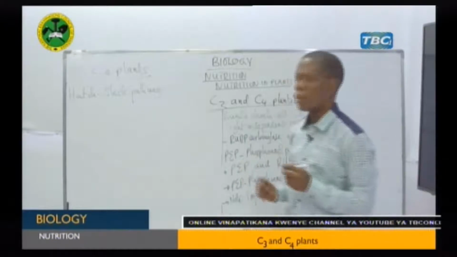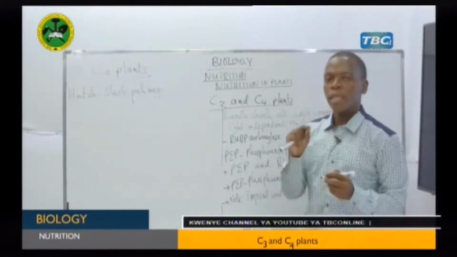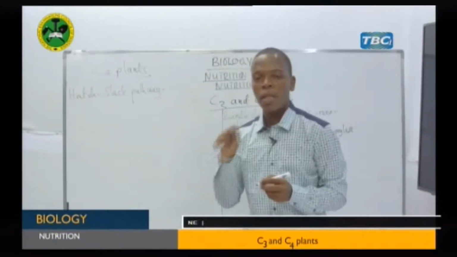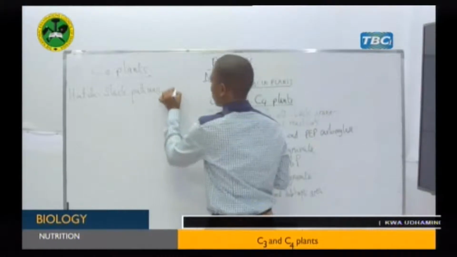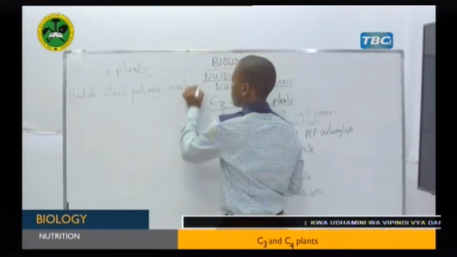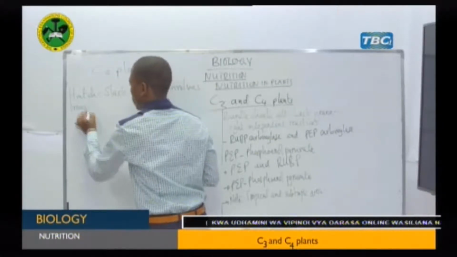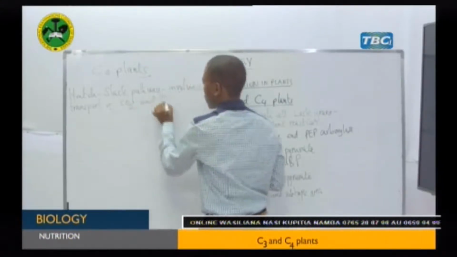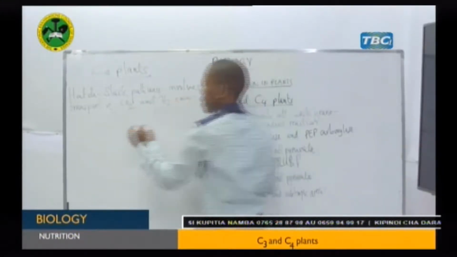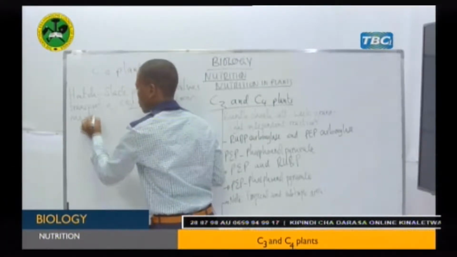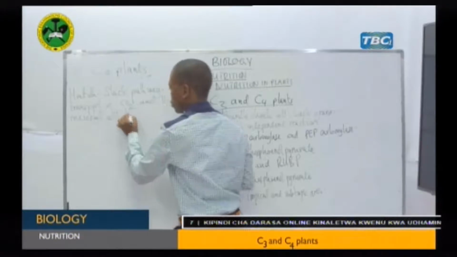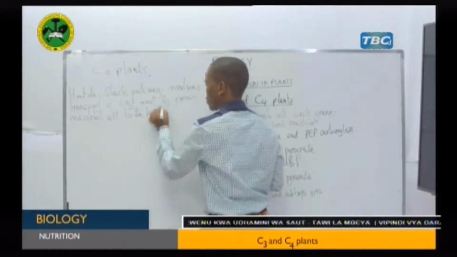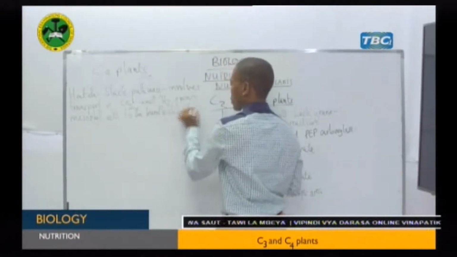When we are talking about this pathway, we are talking about the pathway which involves transport of carbon dioxide and hydrogens from mesophyll cells to bundle sheath cells.